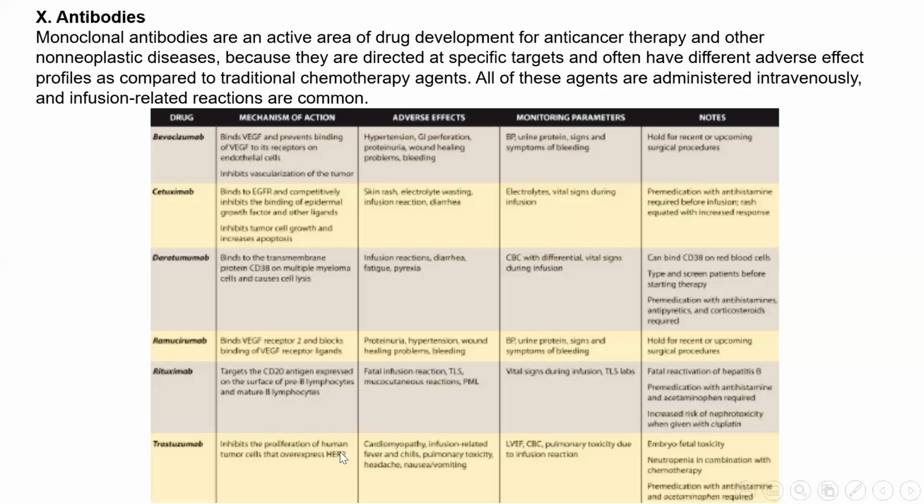So this one targets HER2 directly, and HER2 is responsible for the growth of the tumor, so it directly binds to the receptor of epidermal growth factors. So this means that we have here human epidermal growth factor receptor type 2. This is what this drug is targeting.